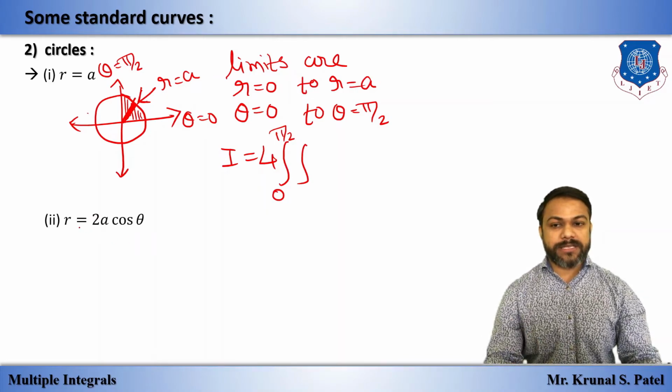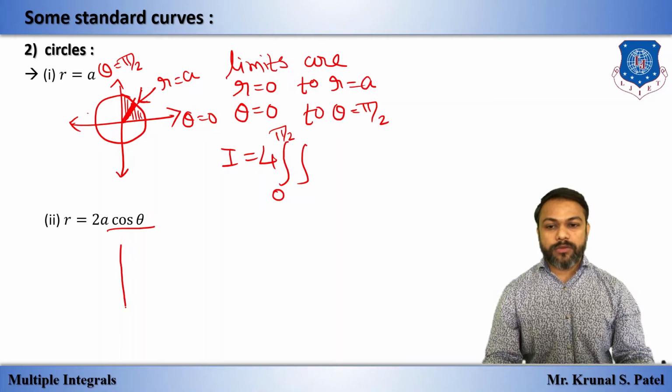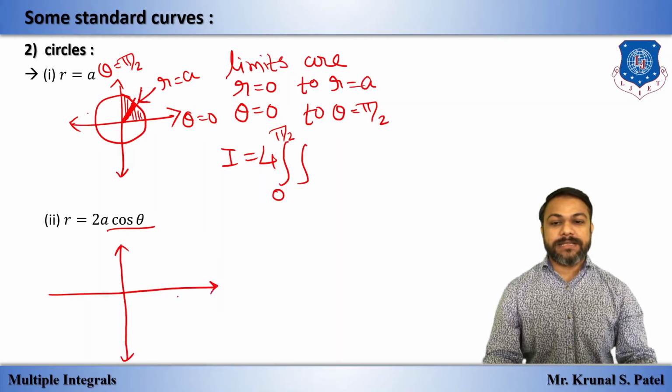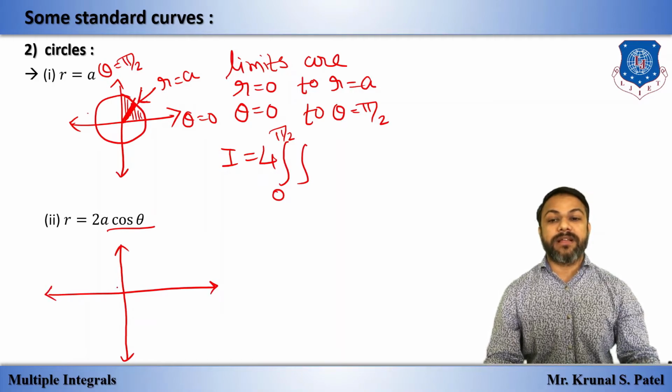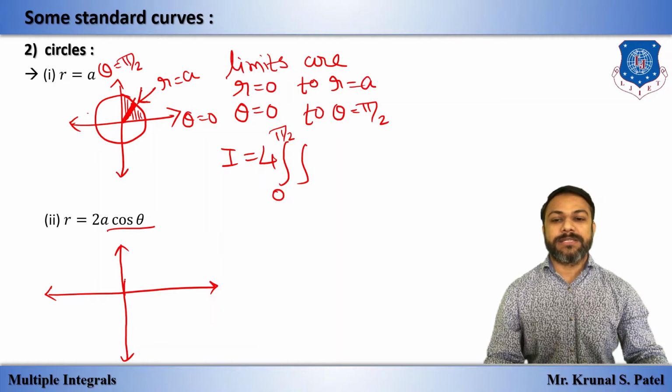Second circle is r is equal to 2a cos theta. This circle is the same as our circle x square plus y square is equal to 2ax. That is this right hand side circle.